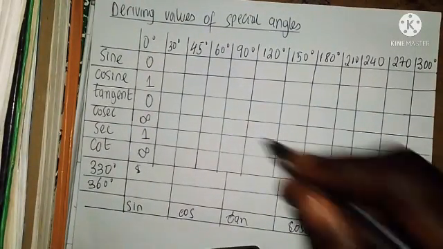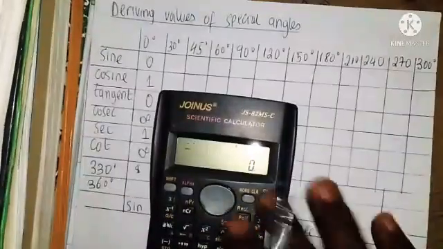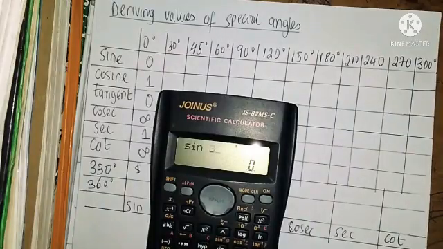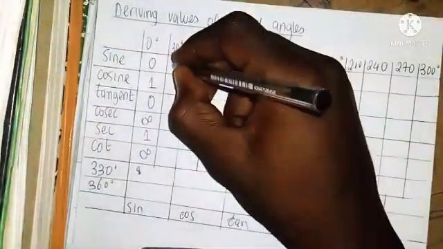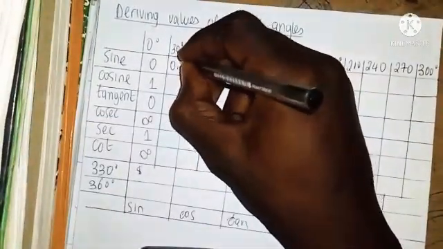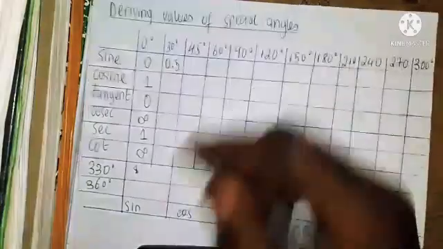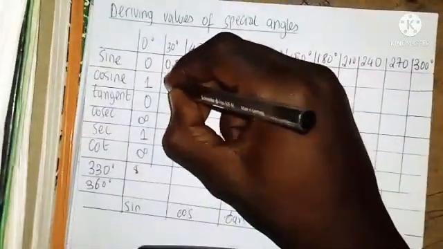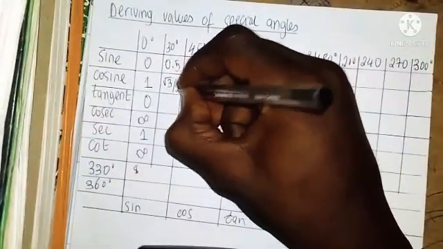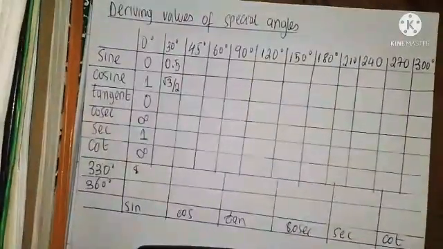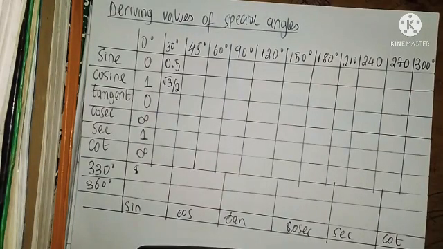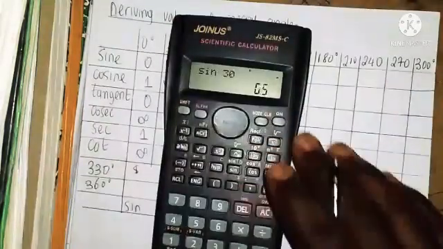Now, heading to 30 degrees, we have already seen what it is, but let me just punch it again on my calculator. Sine 30 is equal to 0.5. I'll put the values here in decimal or in fraction when necessary. Cos 30 was root 3 on 2, which is 0.866, or 0.867 if you want to round it up. And for tangent it was 1 divided by root 3.